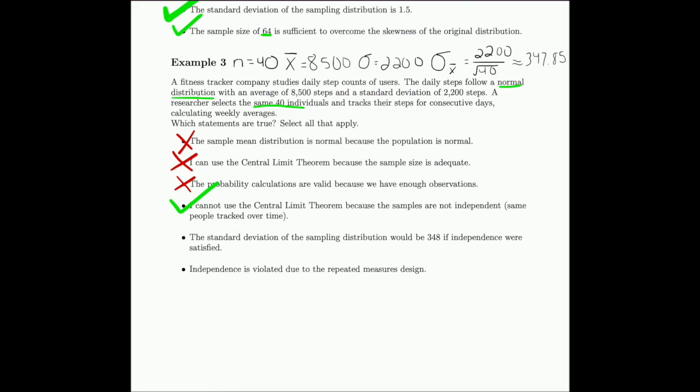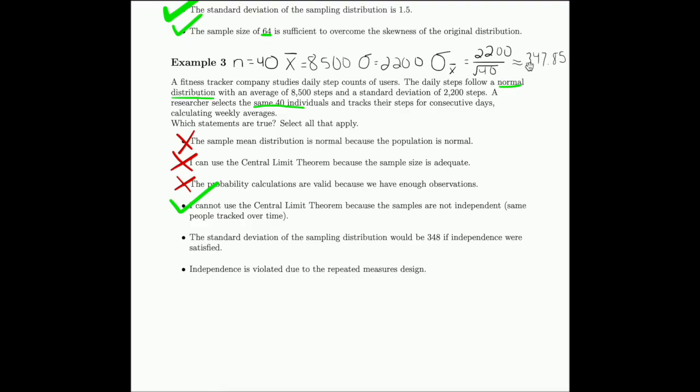Okay, the next statement says the standard deviation of the sampling distribution would be 348 if independence was satisfied. So practicing finding the standard deviation for the sampling distribution, remember we take the population standard deviation, which in this case is 2,200, and then we divide that by the square root of the sample size, which would be square root of 40.